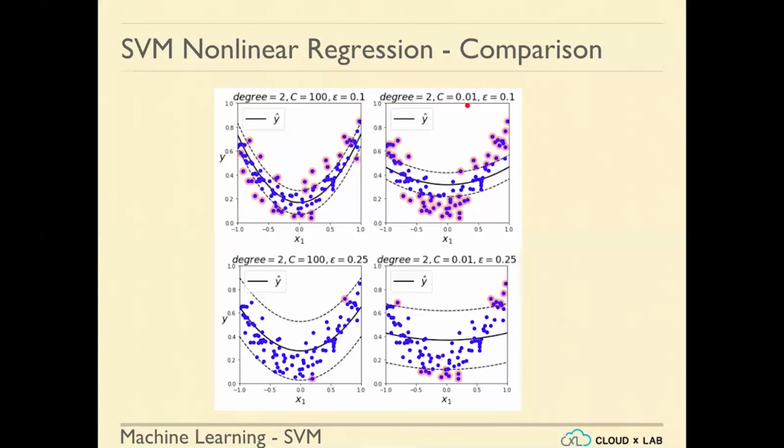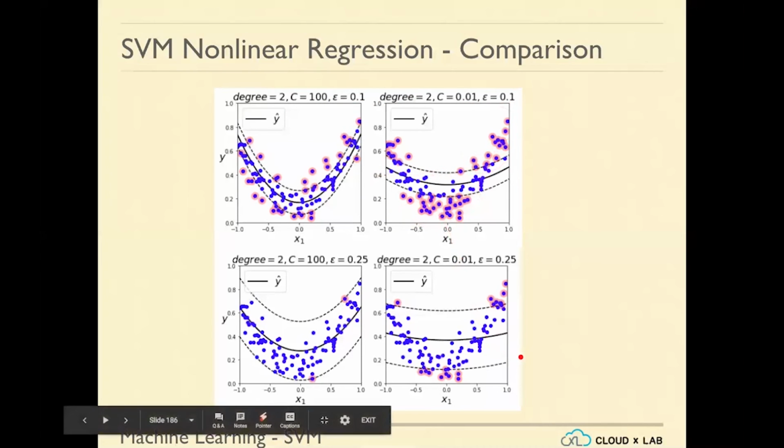Higher the C, higher overfitting, as in lesser bias, lesser regularization. If C is lower, there is a high amount of regularization, which means there is a huge bias, as in we are leaving out so many data points and so on.